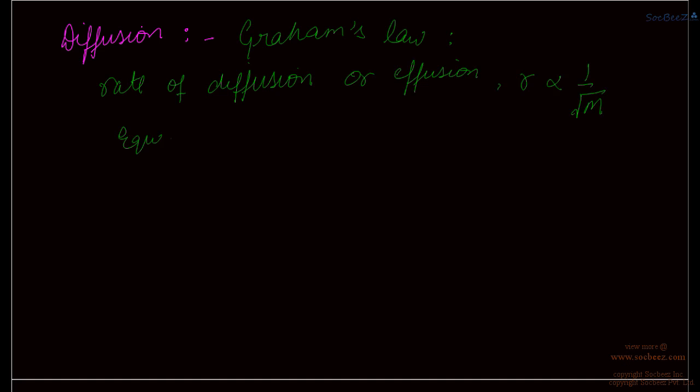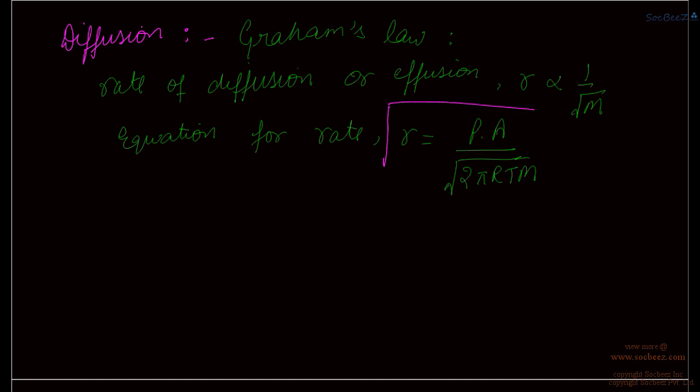So there is an equation for the rate of diffusion. For rate, R equals P into A upon under root 2 pi R T M, where P is the pressure, A is the area of the orifice, R is the universal gas constant, T is temperature, and M is the molecular weight of that particular gas.